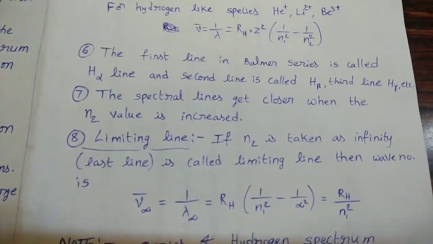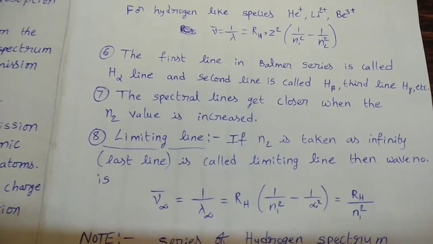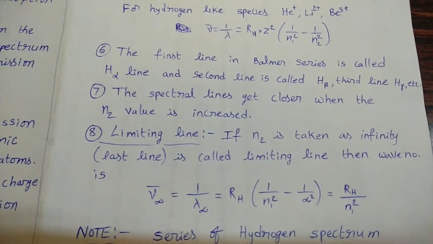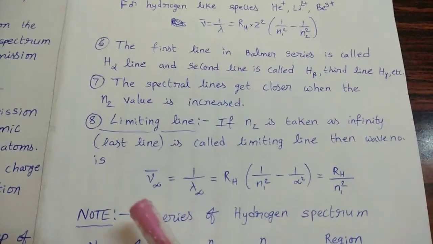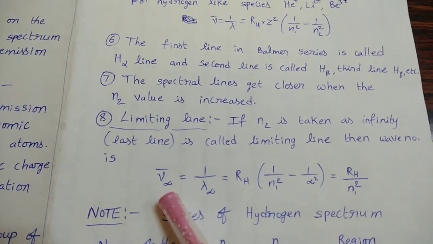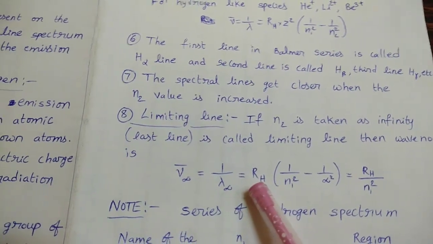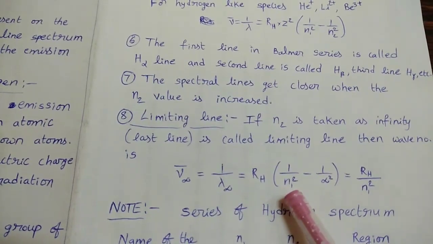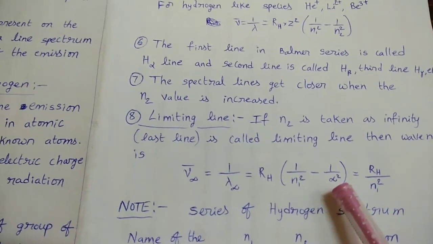Limiting line. If N2 is taken as infinity, infinity means last line, it is called limiting line. Then wave number is nu bar infinity equal to 1 by lambda infinity, that equals RH into 1 by N1 square minus 1 by infinity square. Here N2 value is infinity.